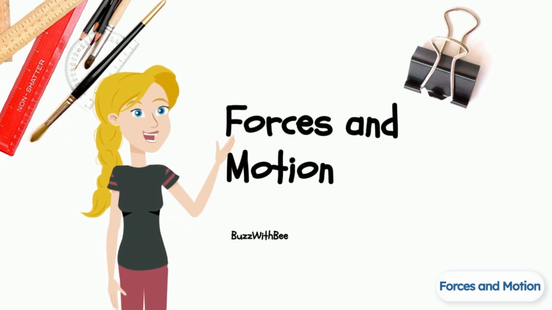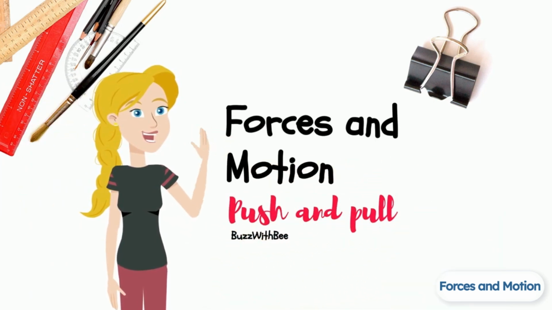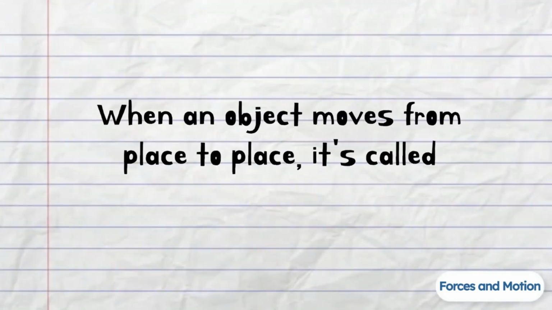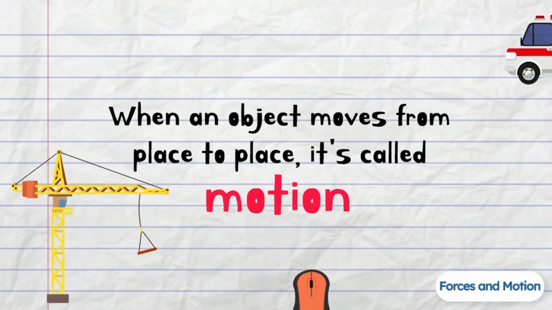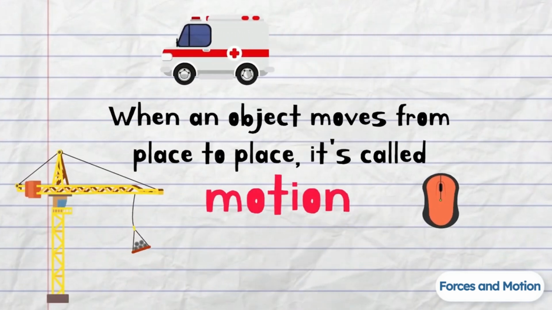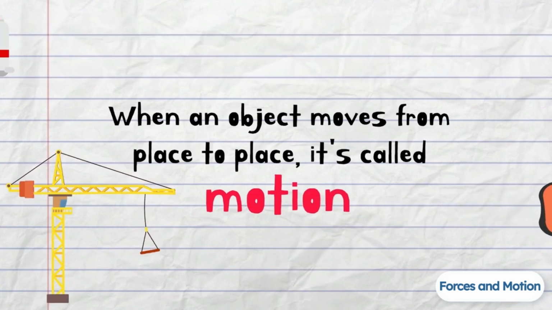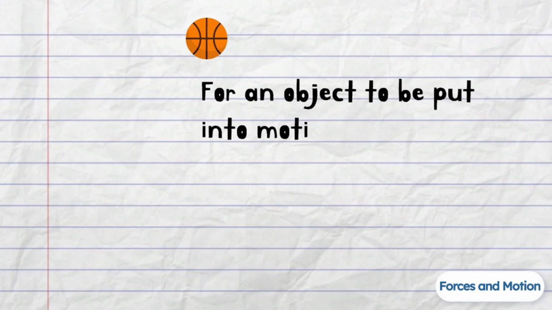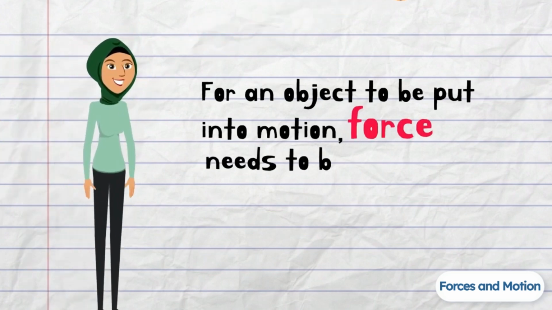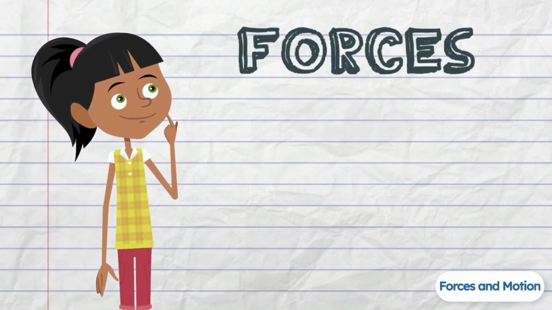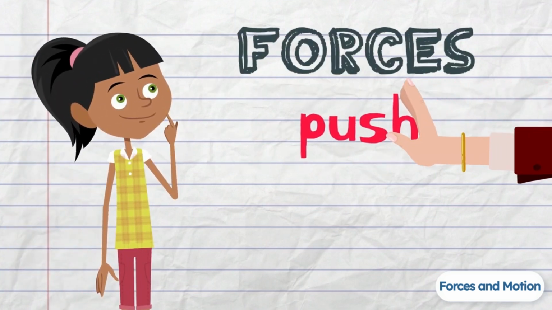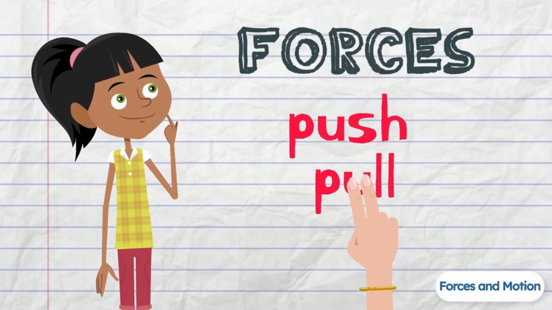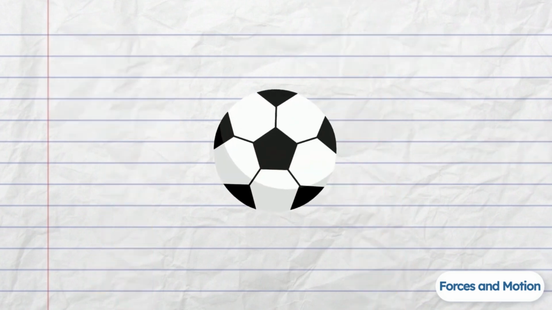Forces and motion, push and pull. When an object moves from place to place, it's called motion. For this object to be put into motion, a force needs to be applied to it. Forces that move objects can be push or pull. Take this ball for example.